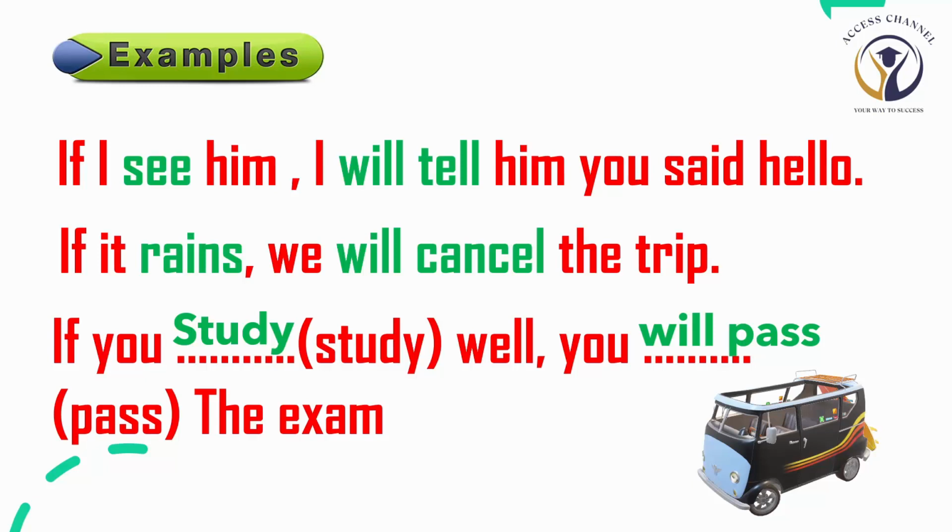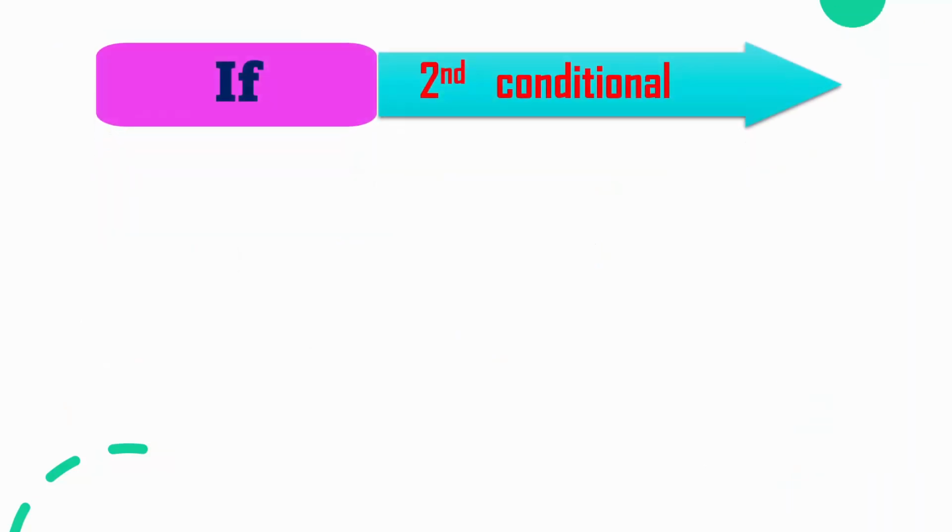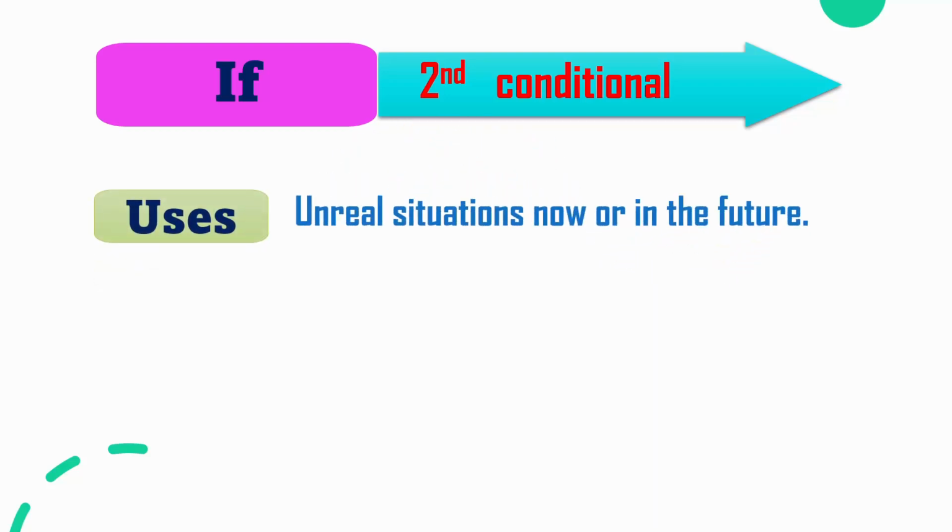So far so good. Now let's move on to the third one, which is the second conditional. First, the usage of this conditional is when we talk about something unreal, but unreal when? In the now or in the future. I'm talking about unreal situations, but now or in the future.